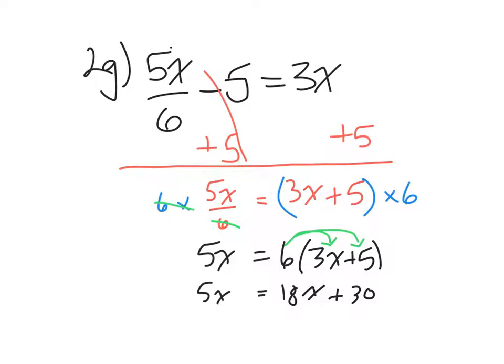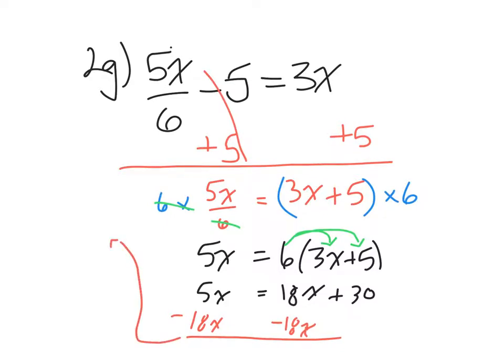The next thing I will do is I will take 18x, and I'm going to move it over to with my other pronumeral. So I'll subtract by 18x, and I know that 5x minus 18x gives me, and on my screen I have run out of room, so I'm just going to take 1 second and I'm going to continue on over here.